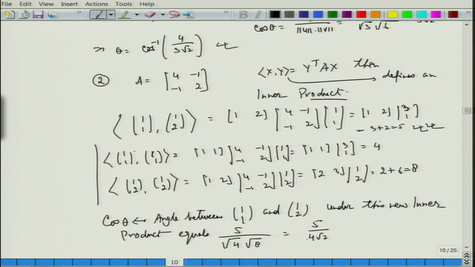Is that okay? And therefore theta is cos inverse of 5 upon 4 root 2.